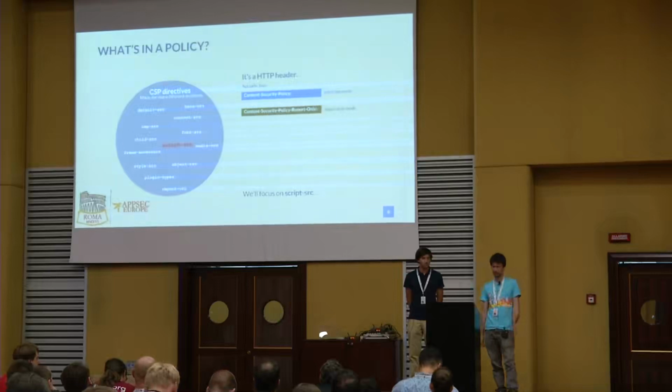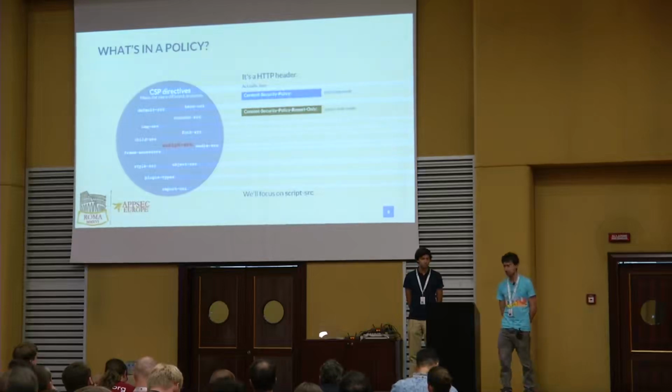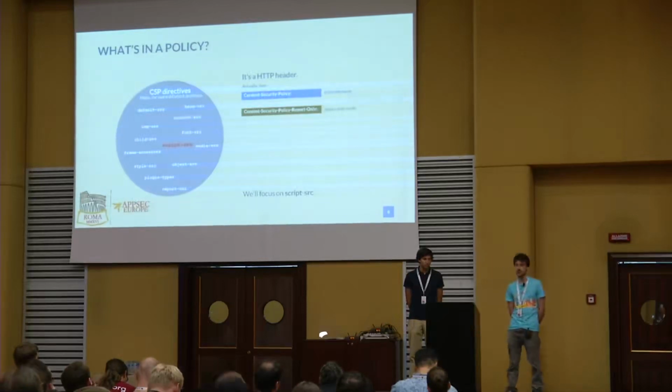Report URI is for reporting, but we'll focus on script source because we want to talk about CSP as a mitigation against cross-site scripting vulnerabilities, which are still the number one vulnerability in the web. So we'll focus on that. And what is CSP? CSP is an HTTP header. Actually, it's two HTTP headers.